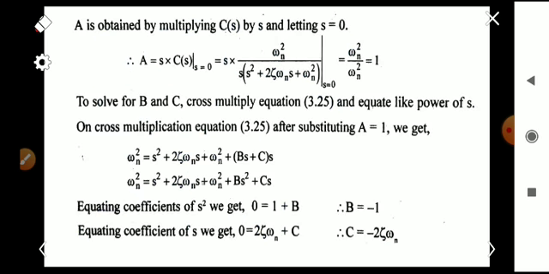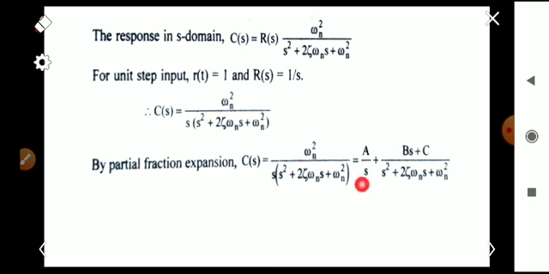So here for finding a, we are using a method where the entire response c of s is multiplied with s, because s is the denominator of a. Here you can see s is the denominator of a, and we are going to multiply this entire c of s with s. And we are equating the value of s as 0, because the solution of s is 0 here.